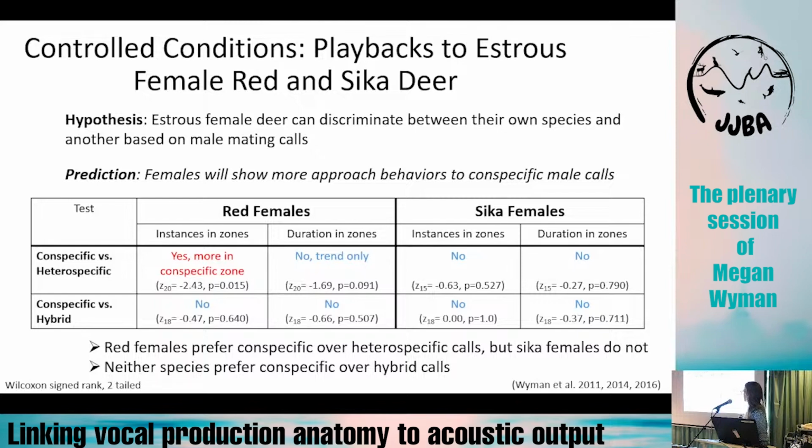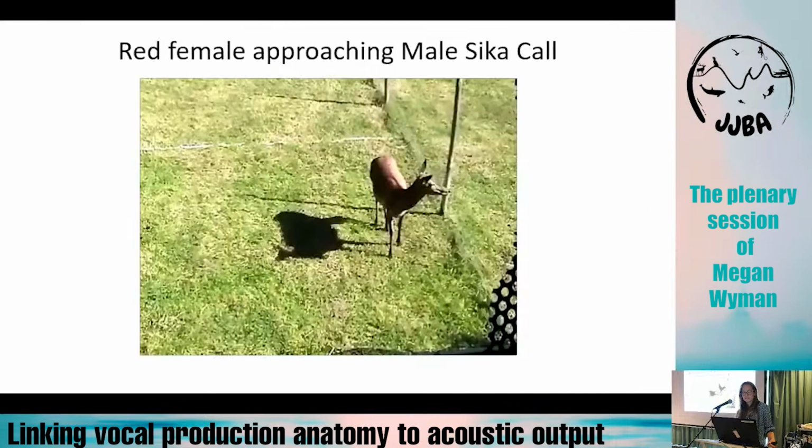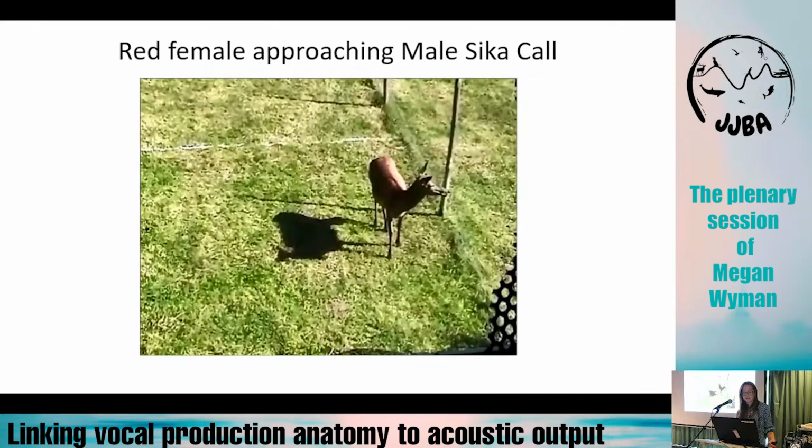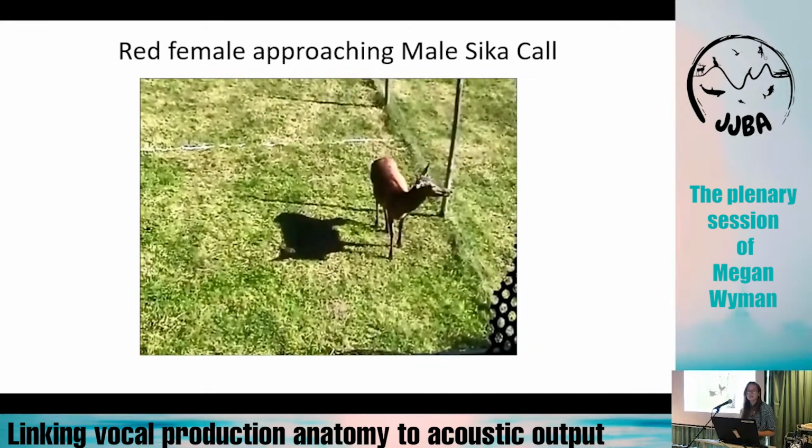But in Sika females, there was absolutely none. So they would go into each one, and there was no difference in where they were spending their time. And neither of the species preferred the conspecific over the hybrids here. Here's a female that's approaching a Sika deer call, a red female.